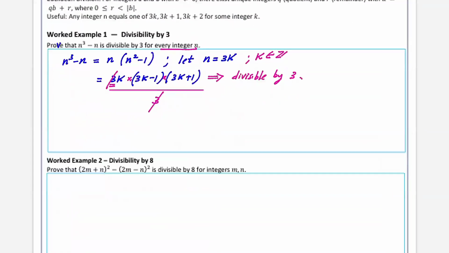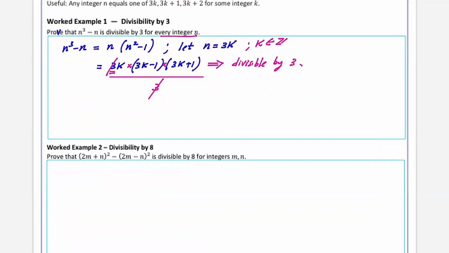So what you are saying, when you consider n to be 3k, right? Since it's divisible by 3, you have to consider 3k plus 1 as well. So if you do 3k plus 1, what would that be? Then n to the power 3 minus n is going to be, if it is 3k plus 1, 3k plus 1, 3k plus 2, right?